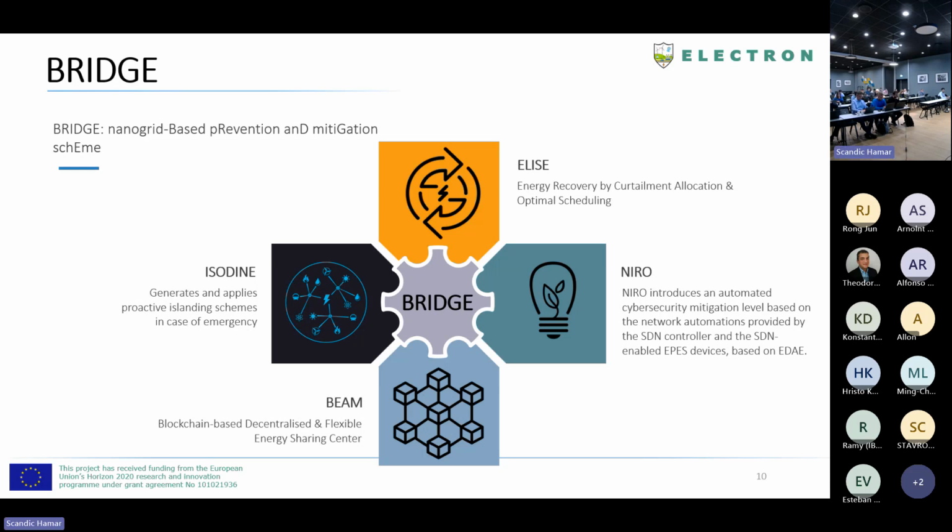And on the other hand, NERO can take into consideration the potential mitigation actions provided by the DARSA component and selects the most appropriate one, considering potential costs and rewards. And finally, BIM represents a blockchain-based decentralized energy information sharing center, allowing the organizations to share security events with each other.